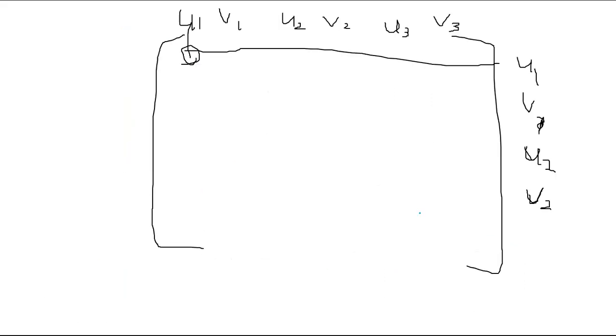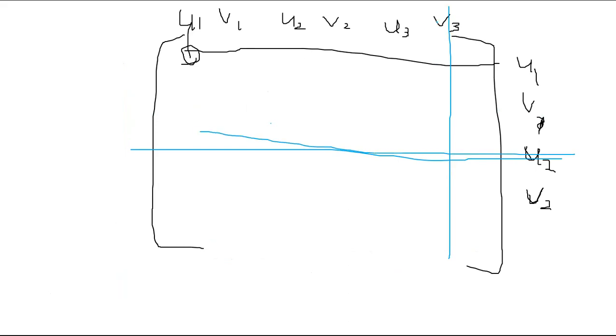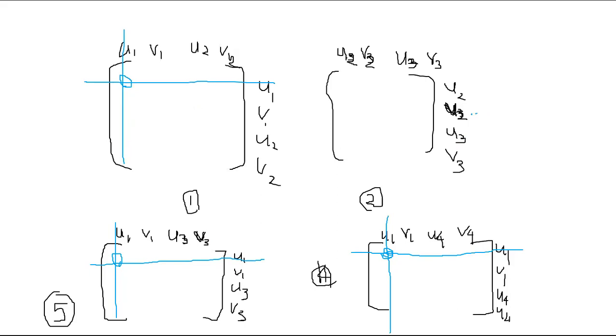That's it, right? For instance, if you consider this one and V3, you should consider U2 row, V3 column. So if there's another matrix, you have to consider that.